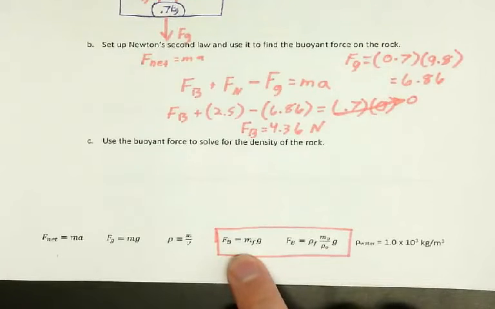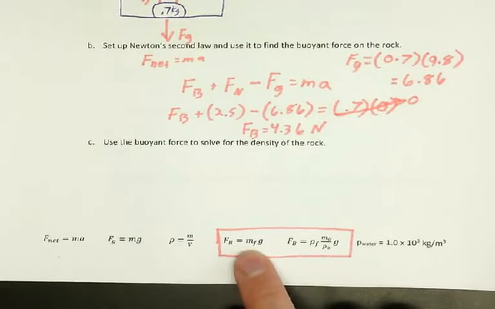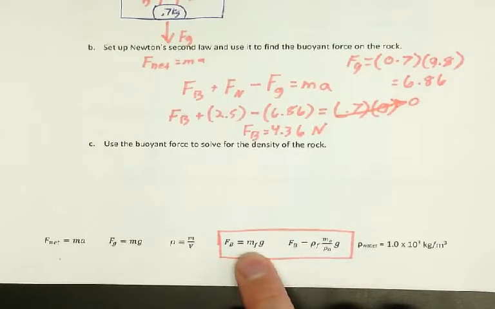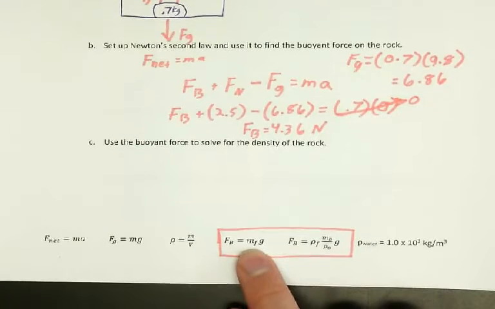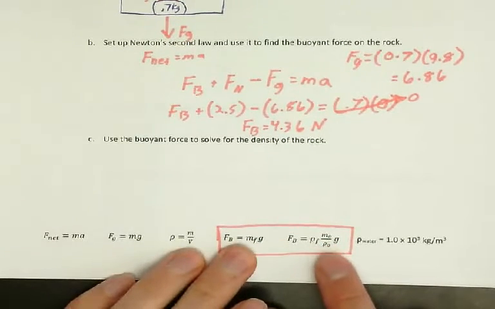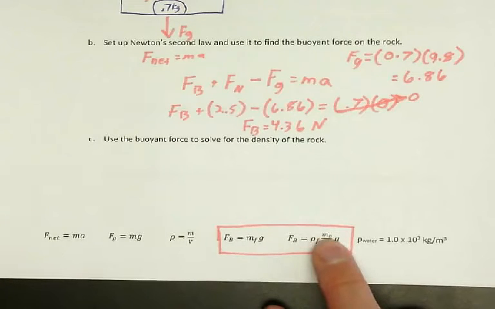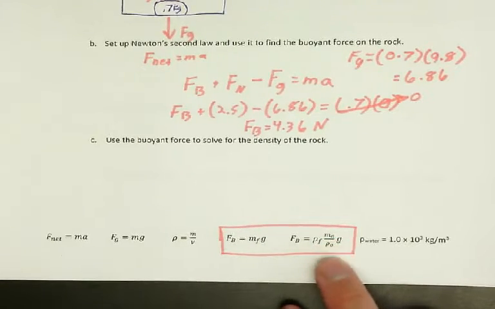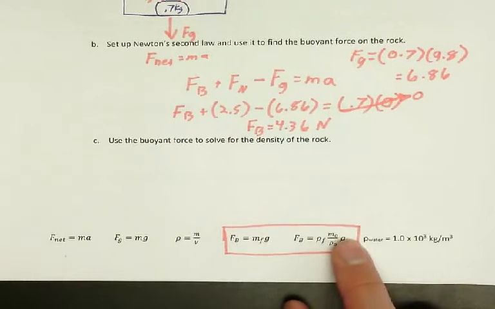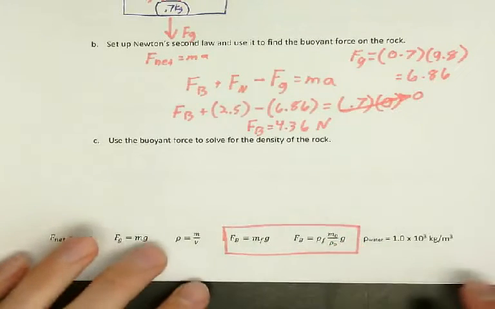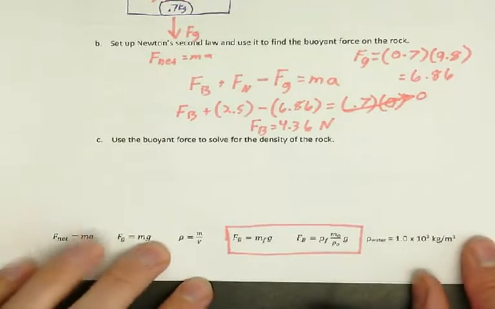It's not one we use real often because that requires us to know the mass of the fluid, and we don't usually know that. Okay? But this equation we will use pretty frequently, and it's the density of the fluid, which we will almost always know, times the mass of the object, which we will frequently know, divided by the density of the object, which we will frequently solve for, times gravity. So that's going to be the equation we're going to set up here.